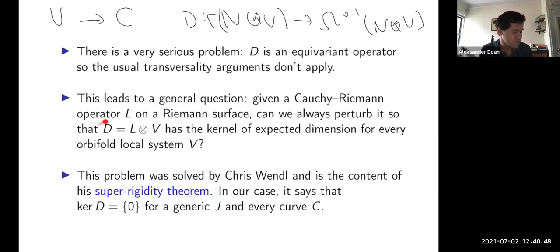This notation is a bit imprecise because I'm twisting an operator by a local system, but that just means that if I twist my bundle by a local system, locally I can write it as k copies of this operator, and that defines a globally defined operator for sections of the bundle twisted by the local system.